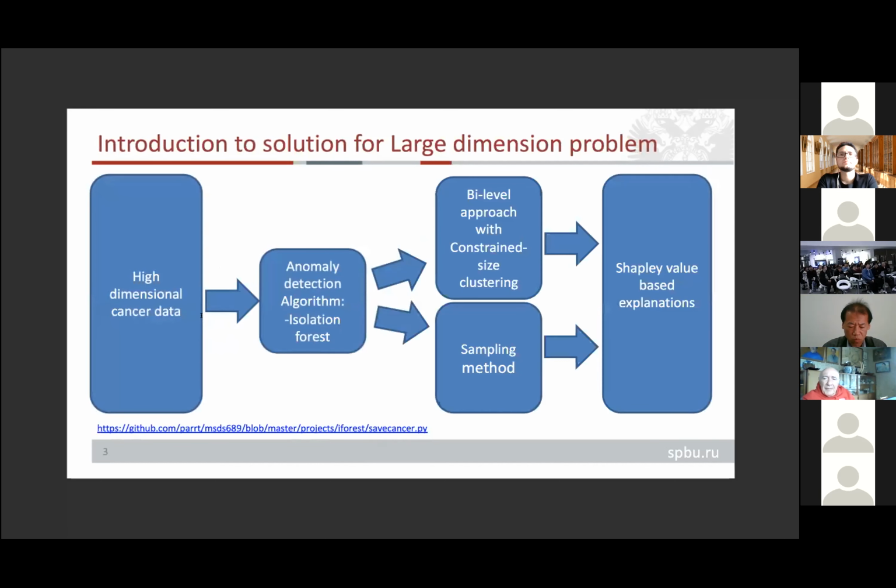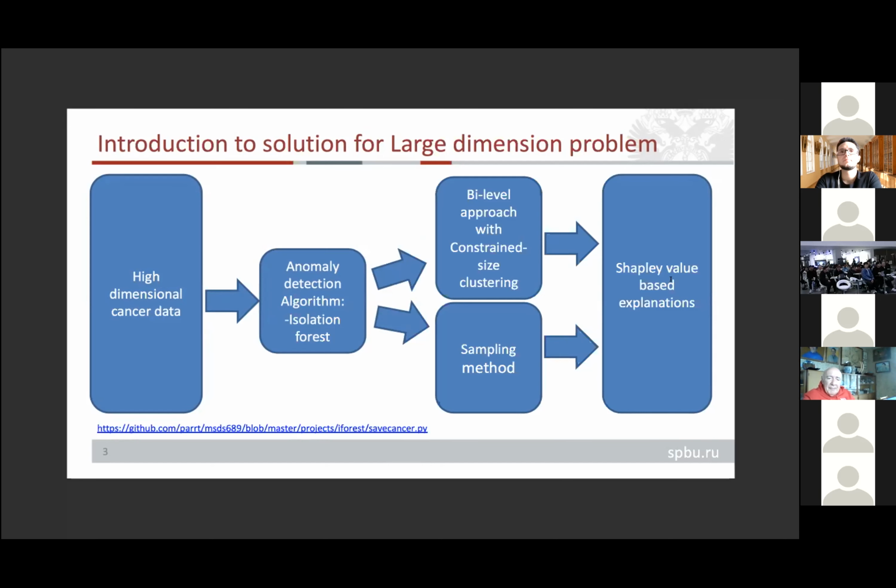So here you could see the pipeline. High dimensional cancer data is the input, and we feed it into the anomaly detection algorithms, and after that we apply the bi-level approach and the sampling approach to help us obtain the Shapley value.